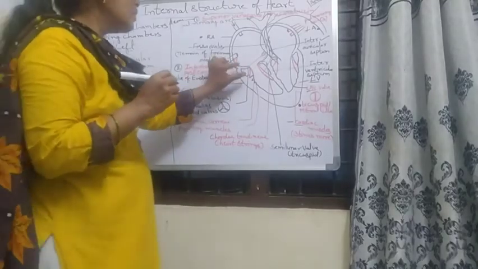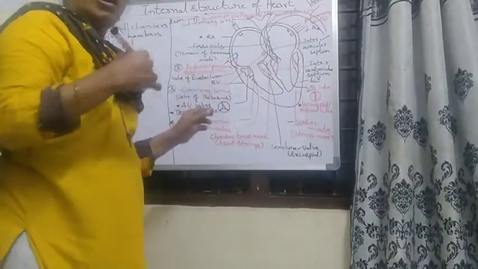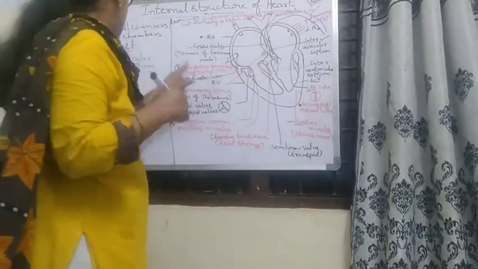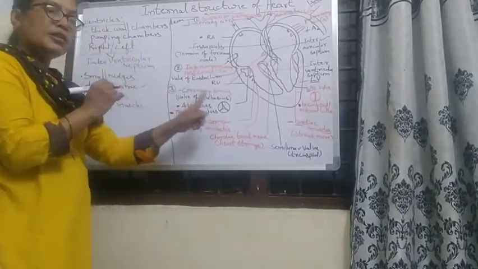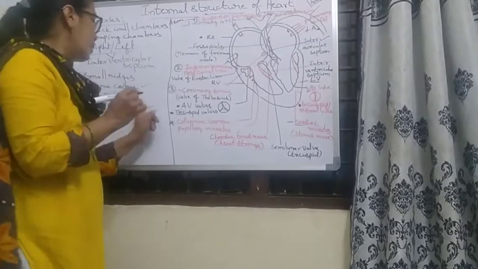So they contain small and large ridges: the small ones are called columnae carneae, and the large ridges are called papillary muscles.